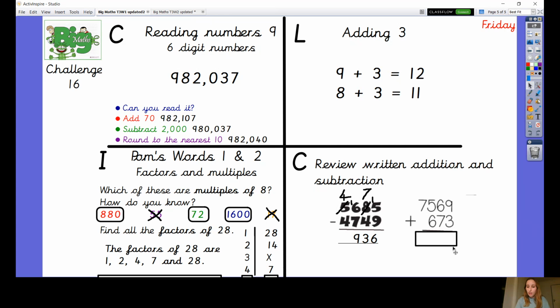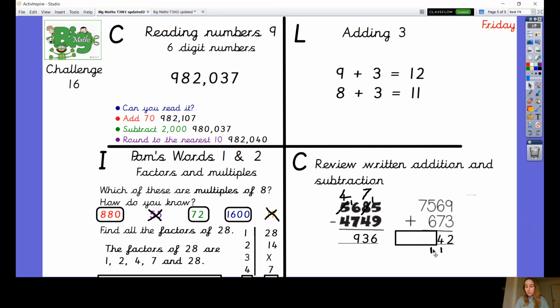Okay, the addition calculation, again, we're starting in the ones. I've got 9 ones, add 3 ones, which gives me 12 ones. So I put my 2 in my ones column and then my 10 in my tens column. 6 tens, add 7 tens, gives me 13 tens. Add 1 more, gives me 14 tens. I put my 4 in my tens column and my 10 tens in my hundreds column as 100. 5 hundreds add 6 hundreds is 11 hundreds.